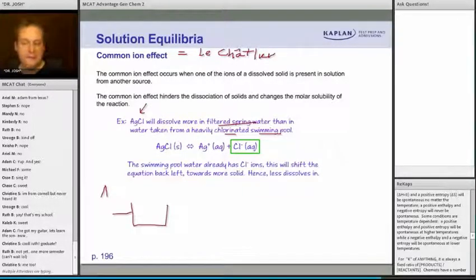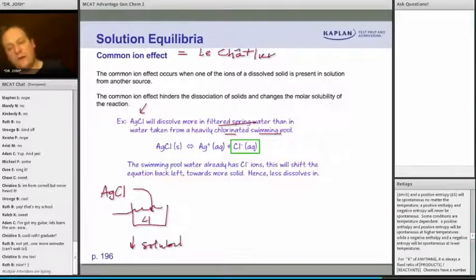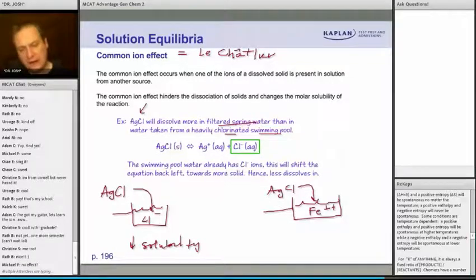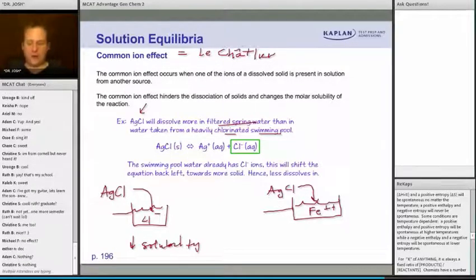So, let me ask you this. We put AgCl in some water with chlorine. We decrease solubility. Let's say I put AgCl into water full of iron. What is that going to do to the solubility of silver chloride?